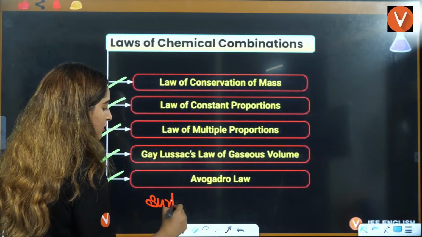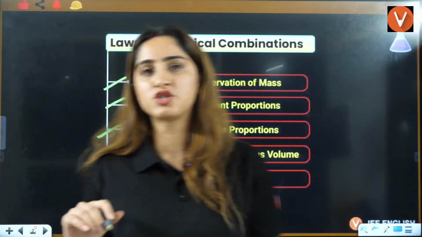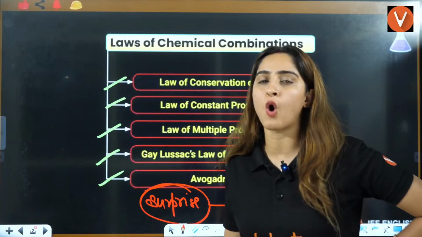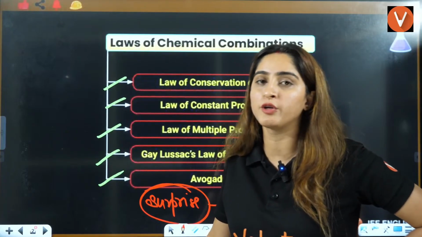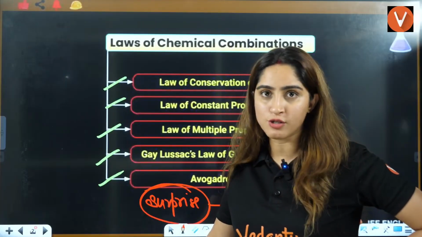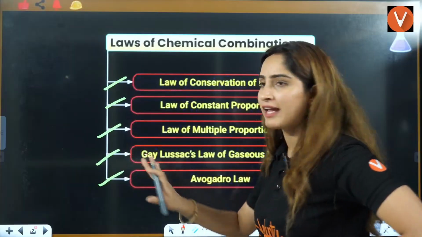Very rare teachers will teach you this law. It is not written in your NCERT, but it is equally important when you're studying all these laws. First we will talk about these 5 laws.